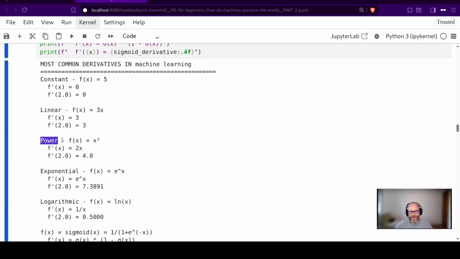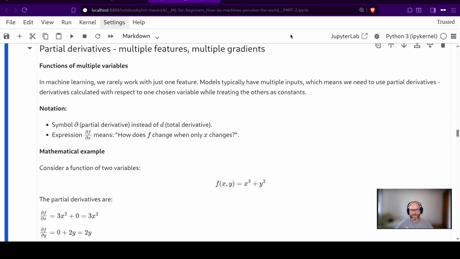For the power function, f of x equals x squared, the derivative will be 2 times x, and we double the value we pass. So the output is 4, since we passed 2.